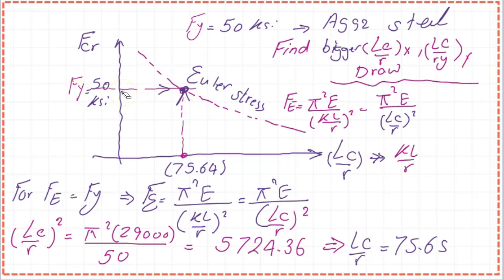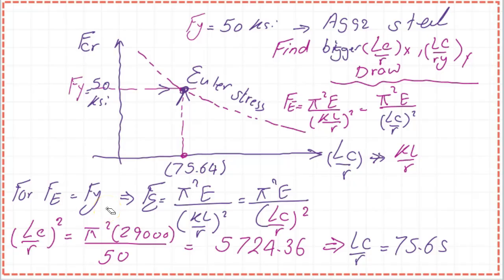We will draw the graph and move at Fy equal to 50 ksi horizontally until we hit the graph, and then find out the value of Lc over r. How can we do that?